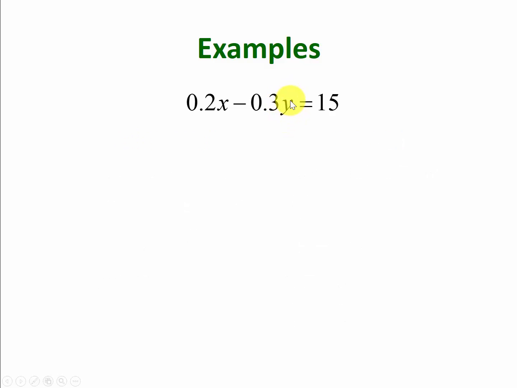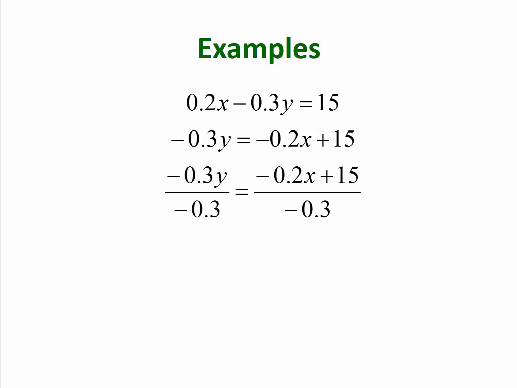So to solve for y, I need to get rid of this -0.3, and I need to get rid of the 0.2x. Since this is multiplying and this is adding, I'm going to get rid of this first. So I subtract 0.2x from both sides. These are not like terms, so I get -0.2x plus 15, and then I divide by -0.3 on both sides.